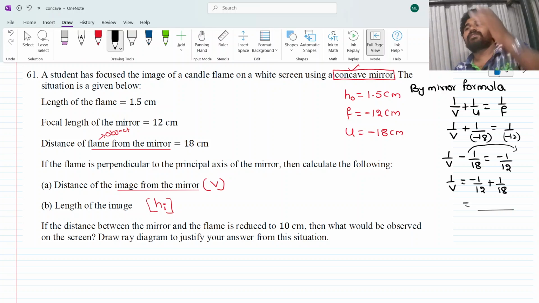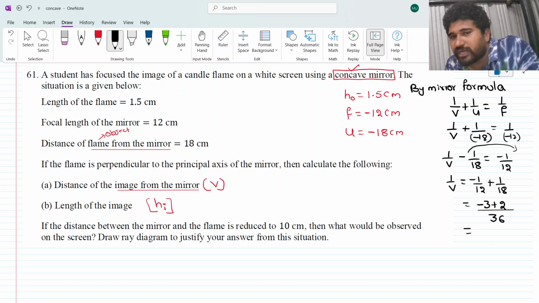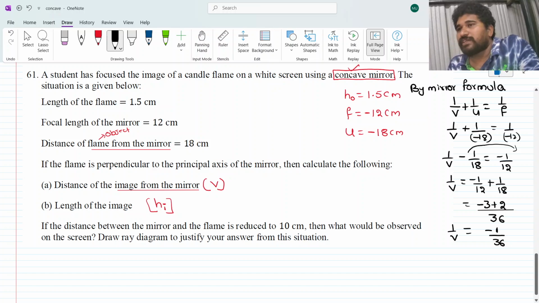Now take the LCM of 12 and 18. What will it be? 36. Correct? LCM is 36. So how many times do I have to multiply? Minus 3 times, plus 2 times. So you end up with minus 1 by 36, that is your 1 by V. Therefore V is equal to minus 36.